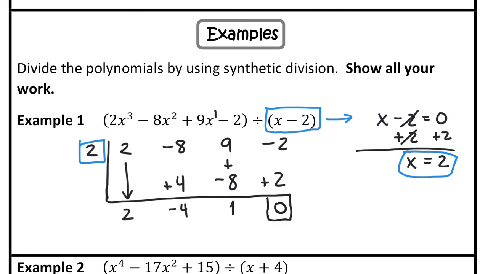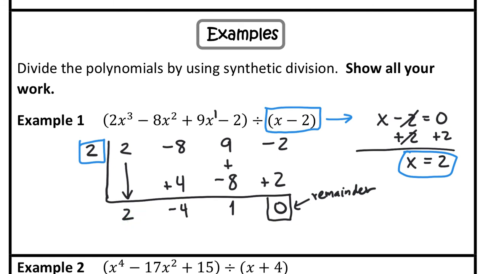So this last part is my remainder. So I have a remainder of 0. So what do I do with these numbers? The 2, the negative 4, and the 1. Well, these are going to be the coefficients of my answer. But notice we started with a power of 3, and then I divided by x. What's x to the power of 3 divided by x? That's x squared.